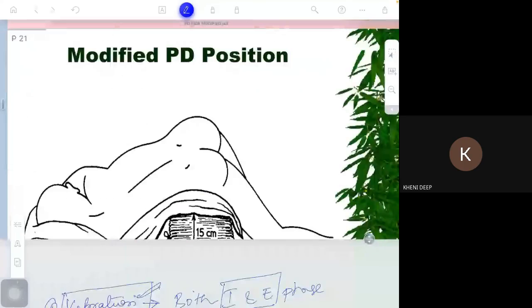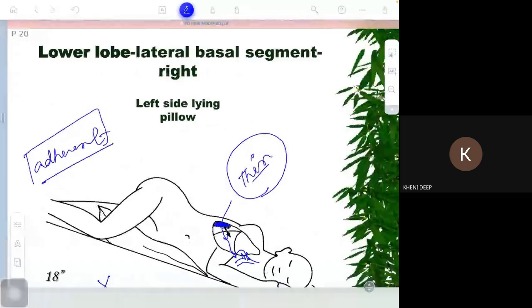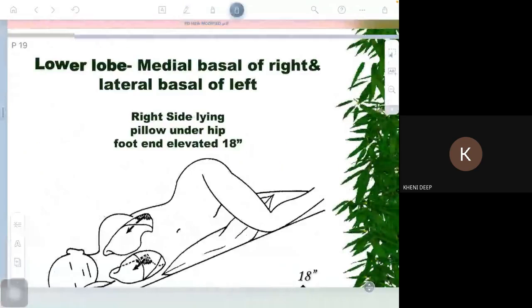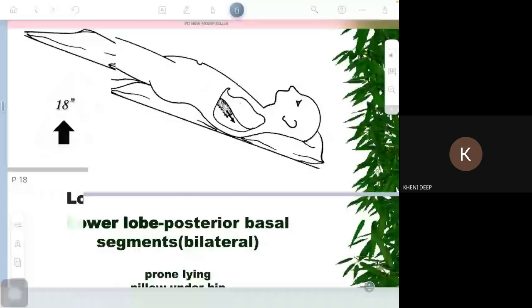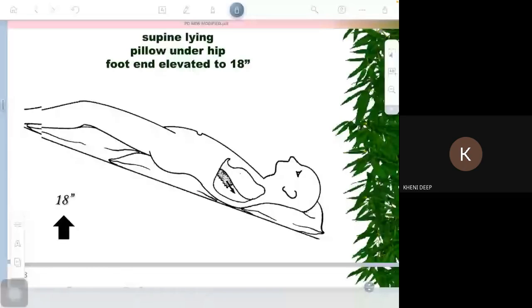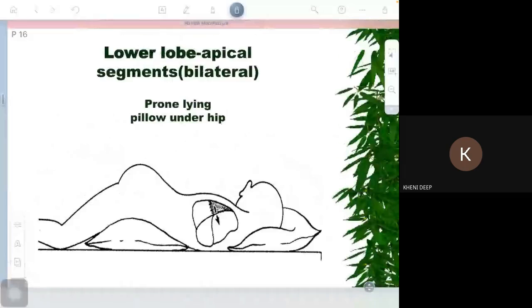Suppose you want to treat, I'll take a simple position, the lower lobe apical segment. Clear. So now you are doing the manipulations on the chest. This particular area you are doing the chest manipulations.